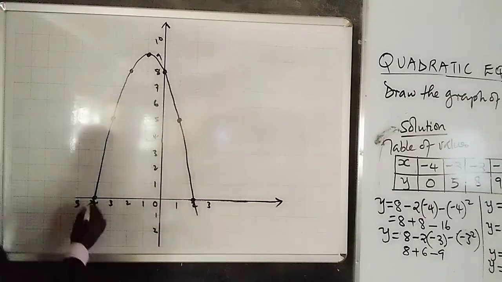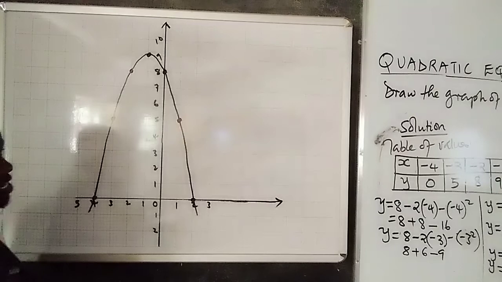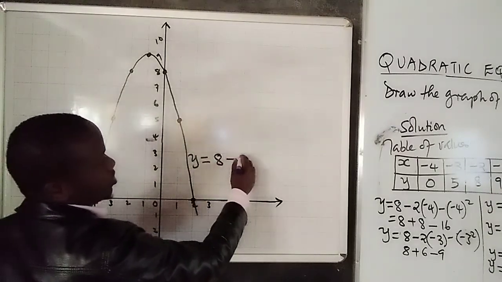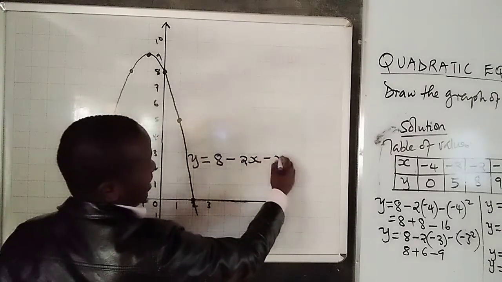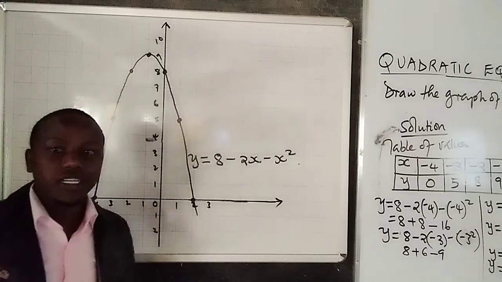So this is the curve which will be obtained when the points are plotted carefully. The curve is y is equal to 8 minus 2x minus x squared. So that is how the curve is plotted.